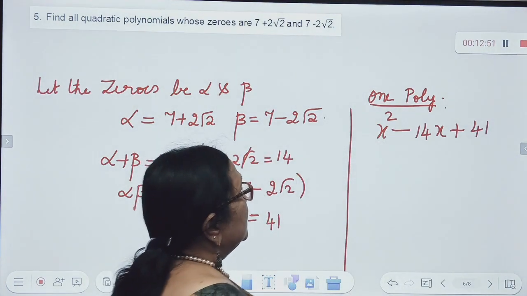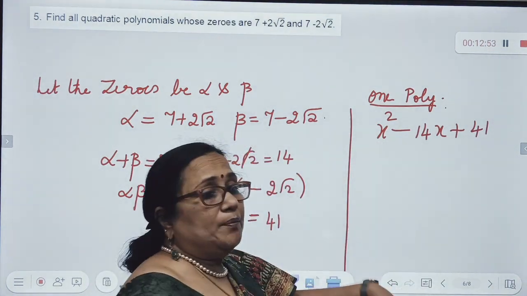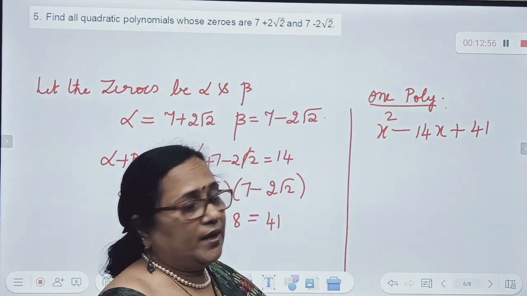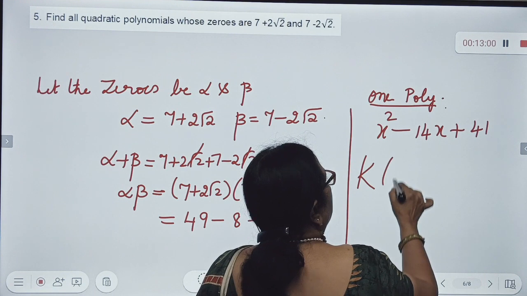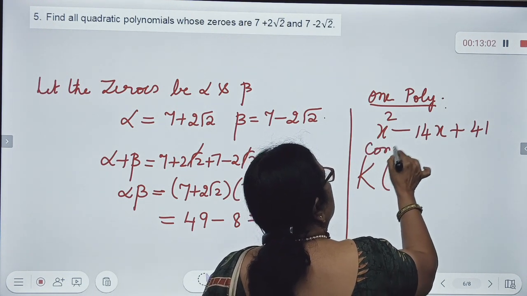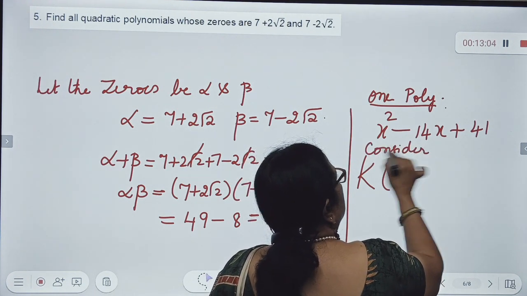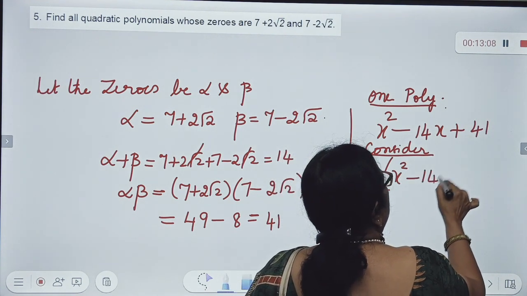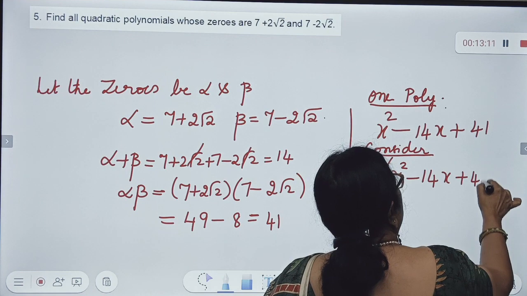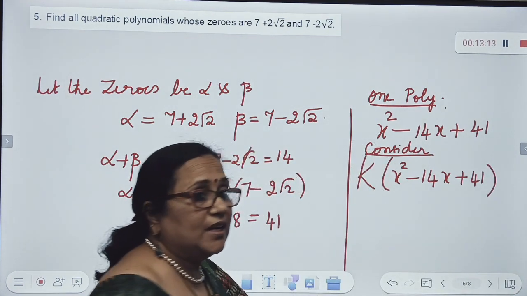Now, if I multiply this polynomial by any scalar, let me say for example, k times, consider k into x square minus 14x plus 41. But k is any real number.